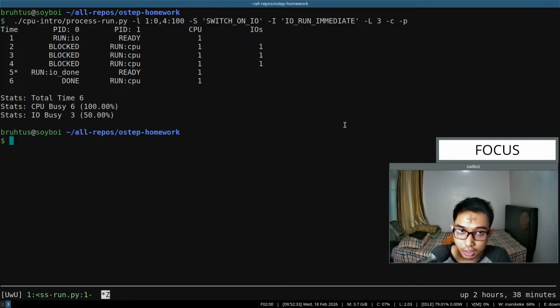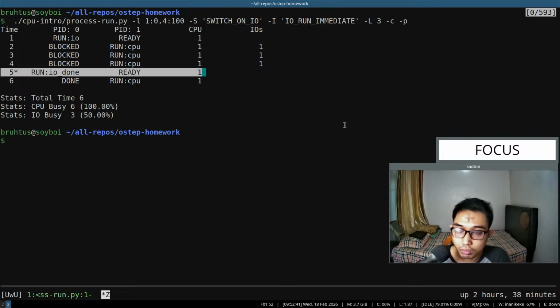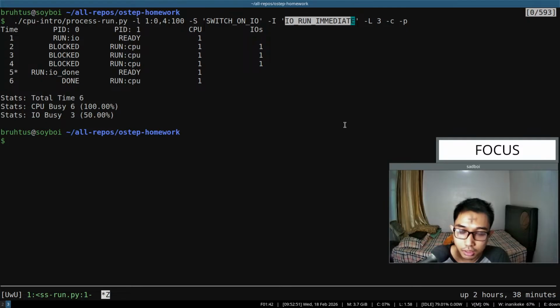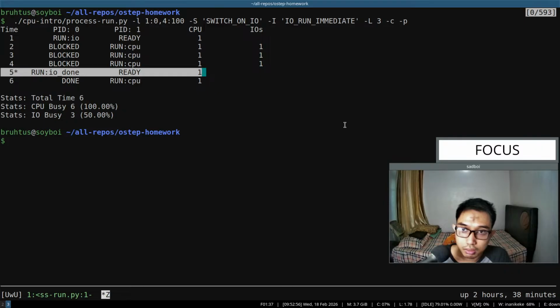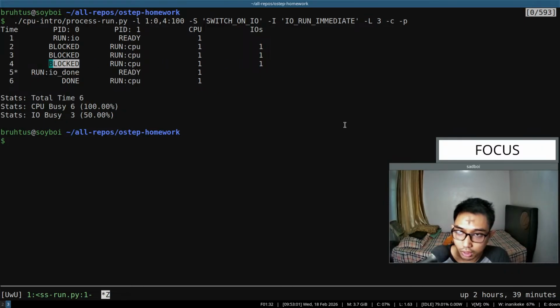But if we use less than the time required for the CPU process to finish, this behavior, input output run immediately, shows some difference in this one. Okay, so we finish the input output, right? But we are still running the CPU process.